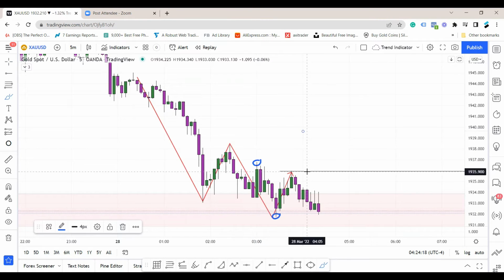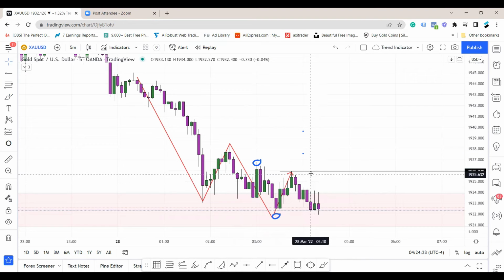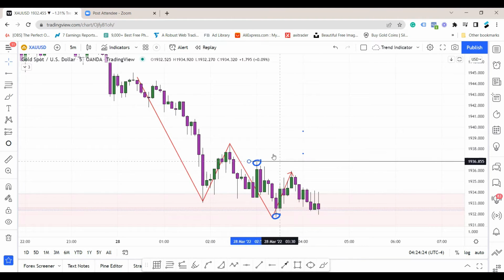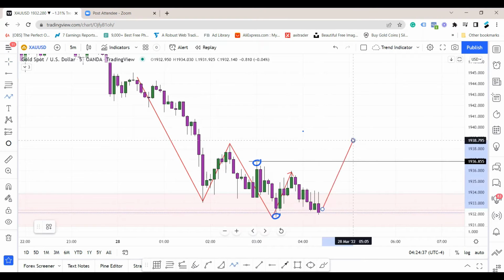So we need this lower high to be taken out, right? Before we start to go into the final step, which is the double confirmation, right?